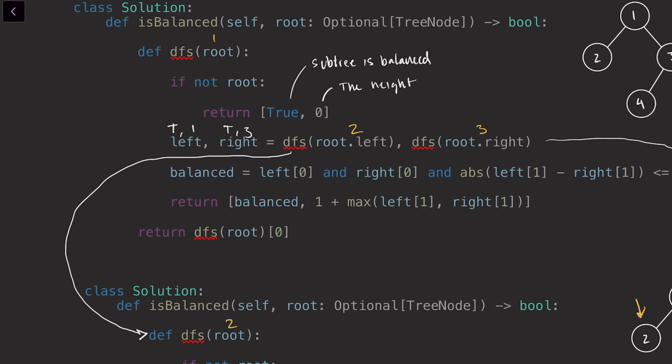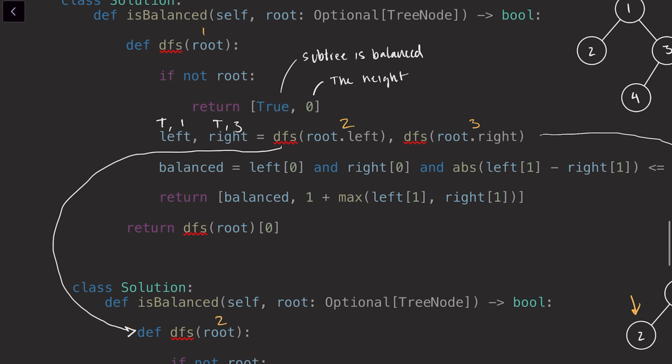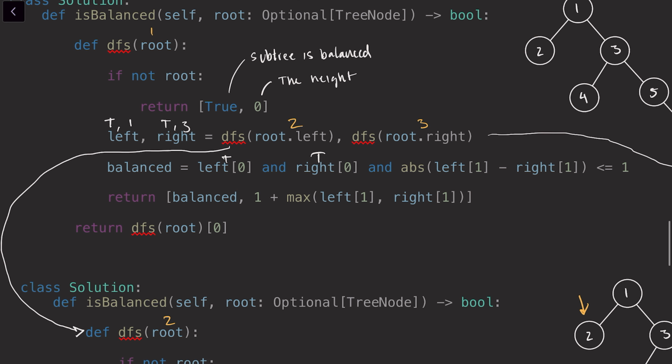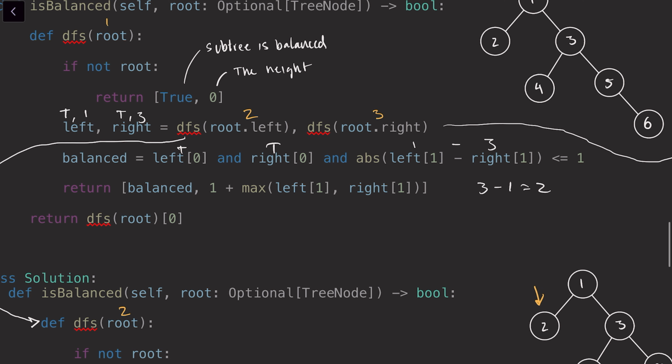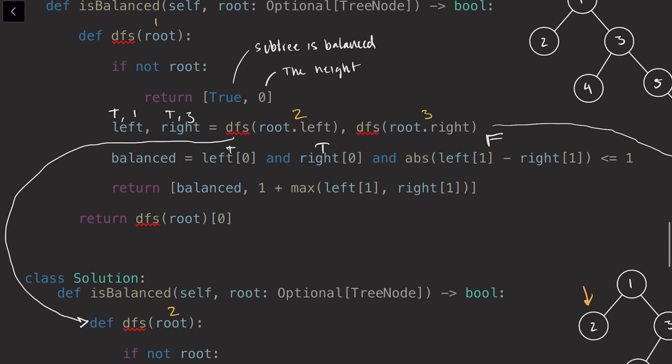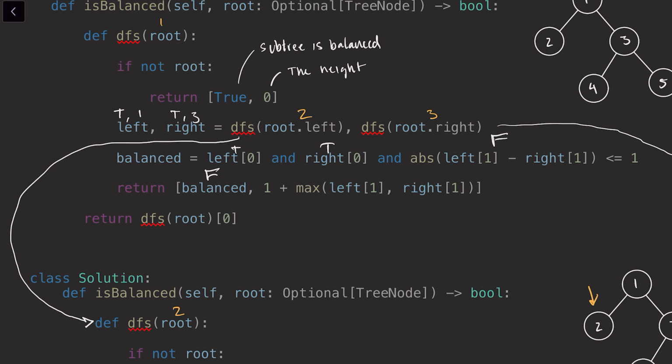So after that, let's take a look. T1 and T3. So the left will be true, the right will be true, so they are both balanced, and the left will be 1 and the right will be 3. So what is 3 minus 1? It is 2. So is 2 less than or equal to 1? No, that is false. Therefore, that will evaluate to false, making this false.